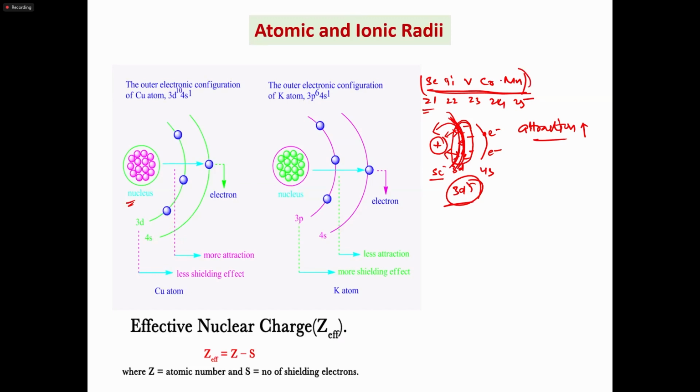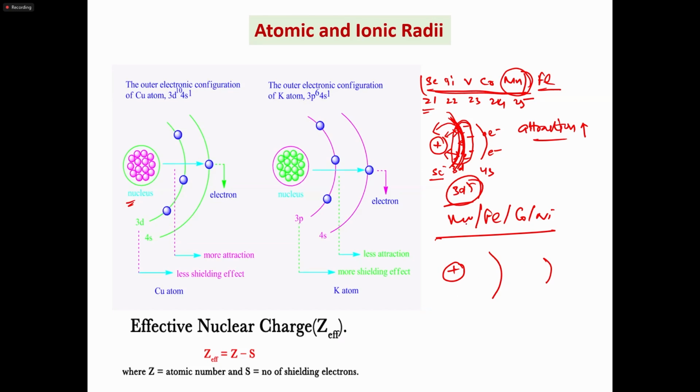But when we go to manganese, iron, cobalt, and nickel, what is happening here? This is the nucleus, this is the 3d orbital, and this is the 4s orbital.